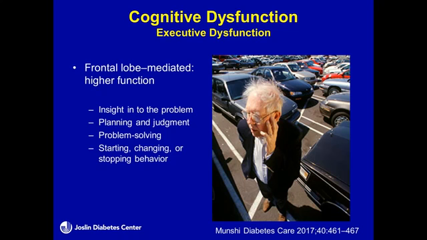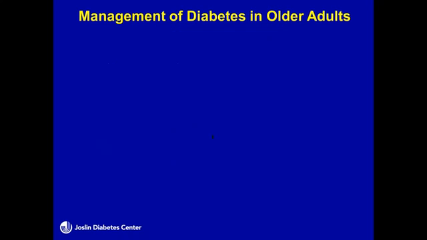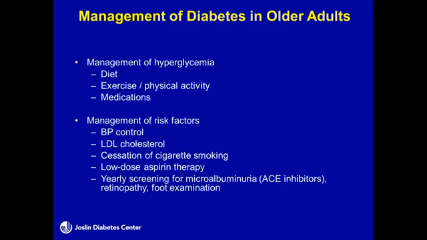And also, they may have a hard time with the timing and the control of the content of food. So all of these, again, can impact diabetes management, particularly hypo- and hyperglycemia.